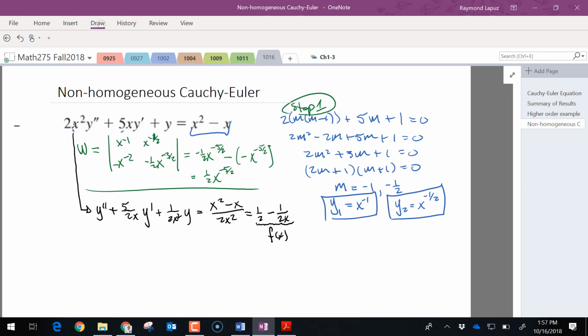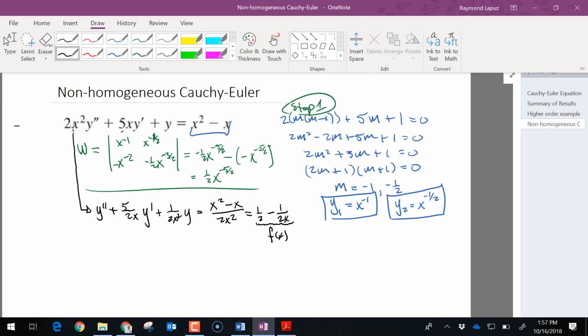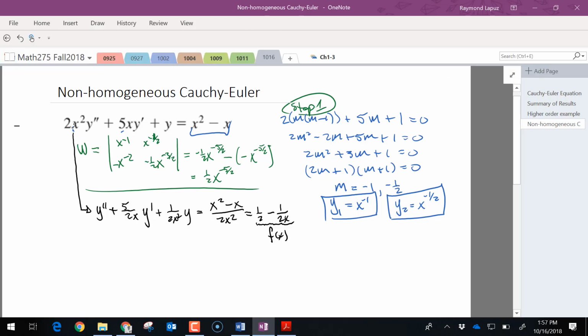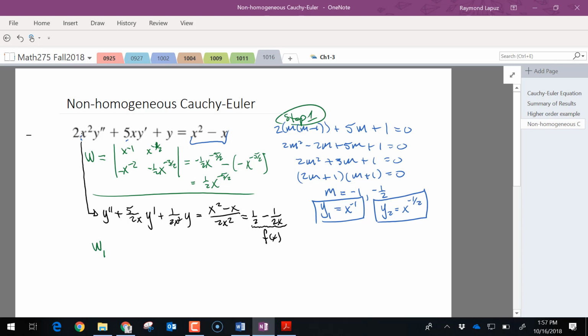So go back to work with the W1 and W2. So W1 is going to be 0, and then this thing, 1/2 minus 1 over 2x. And then we'll keep the same x to the negative 1/2 and negative 1/2 x to the negative 3/2.